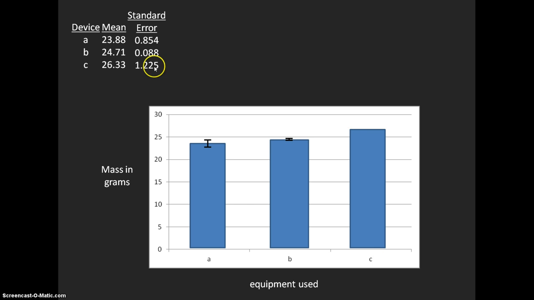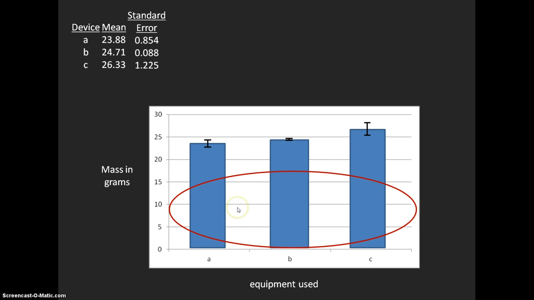For device C, we have a much larger standard error. We go 1.225 above our mean and 1.225 below our mean. So we would have one line up at 27.55 and one down at 25.1, and our error bar would look something like that.